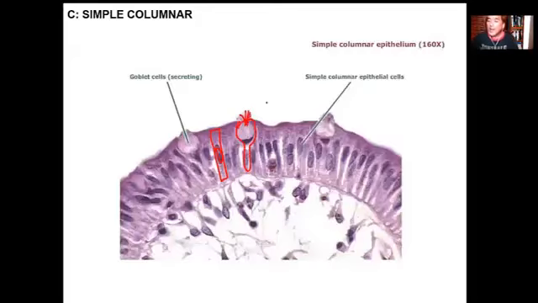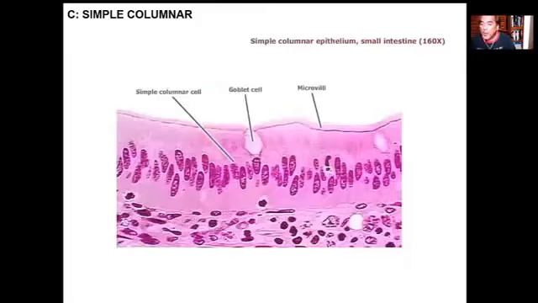We call them goblet cells. And this is simple columnar: one layer, elongated nuclei upward, and you have the microvilli on top. That is simple columnar, the epithelium that lines the cavity.